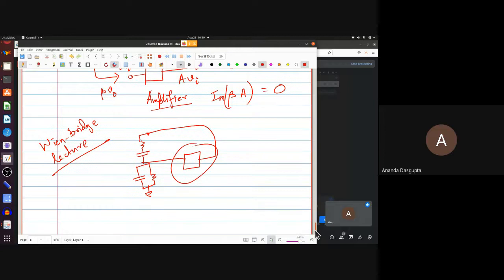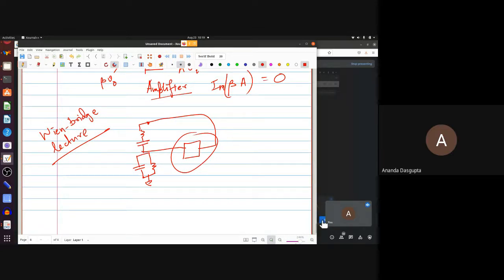Now, I am deliberately skipping ahead of some details, except for one thing. I just want to talk about one interesting fact about this. We are going to come back to this later when we talk about oscillators in some detail.